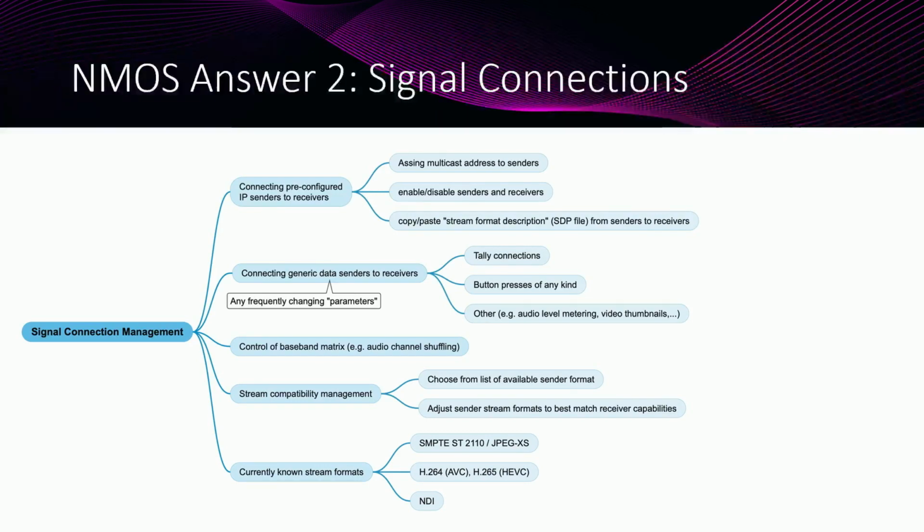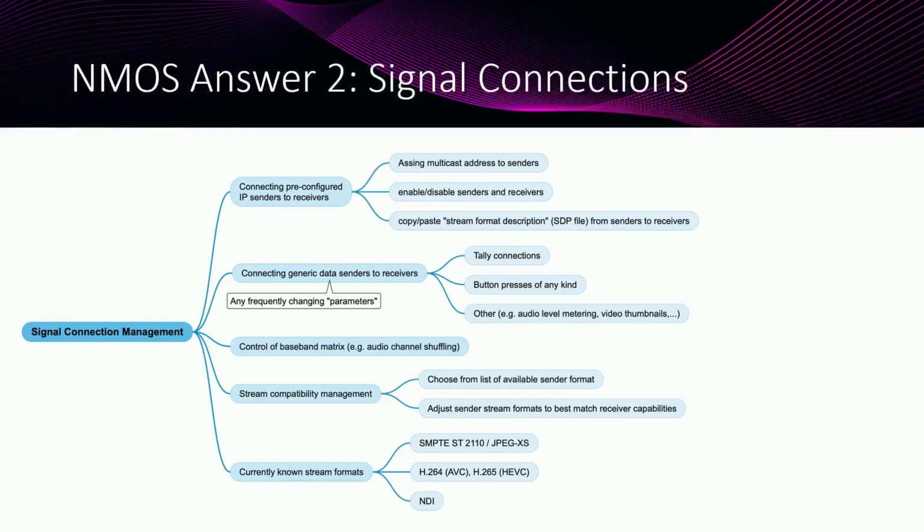But more than that, you can use any generic data source, for instance, a button press, or as I said, audio levels, which are just generating constantly changing values. And you can look at such a data source as a sender. And you can connect that sender to a receiver.